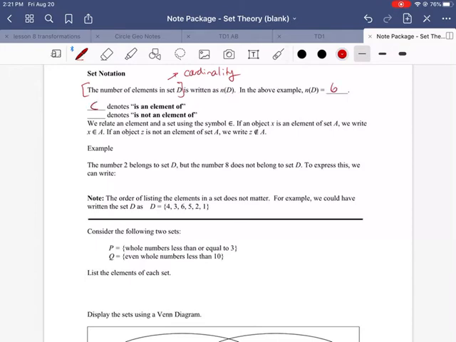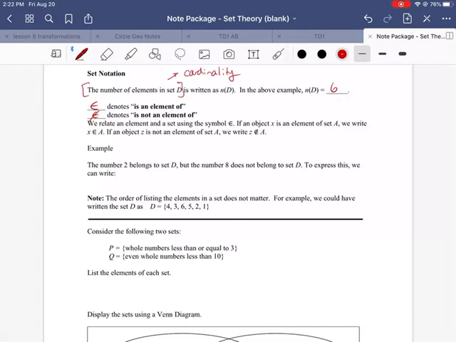All right. This stylized E means that it's an element of. Now, if we do that same stylized E but put a slash through it, it means it's not an element of. Anytime you see an equal sign with a slash, that means not equal to. All right. So anything with a little diagonal slash in it means not.